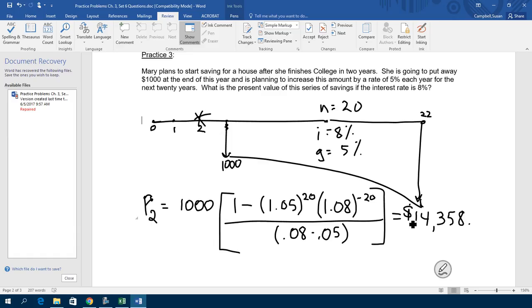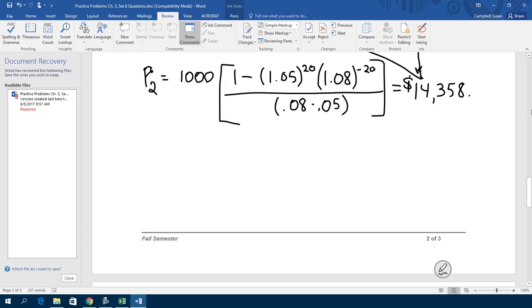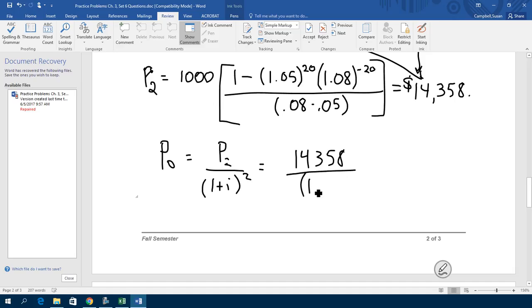Okay, but that's the value here at year 2. So we want to convert that to a present value in year 0. So we'll say P0 is equal to P2 divided by (1 plus i) to the 2. So 14,358 divided by 1.08 to the 2 is equivalent to $12,309.70.